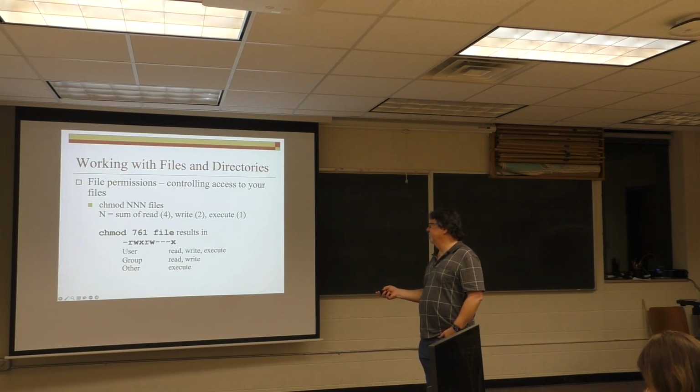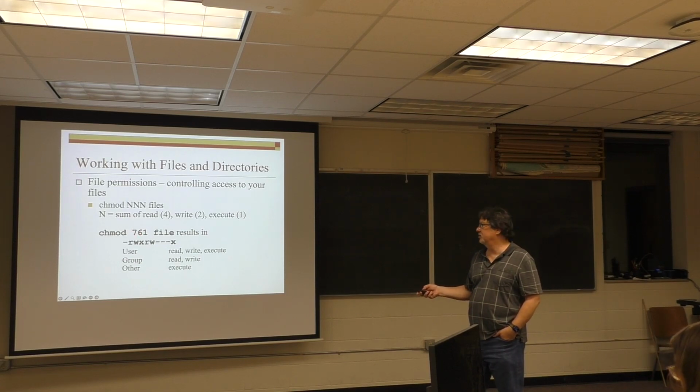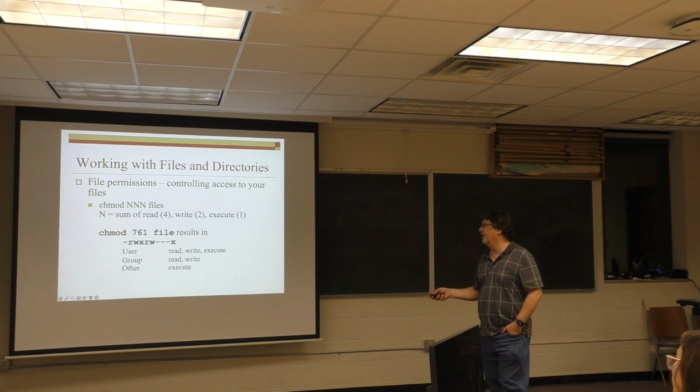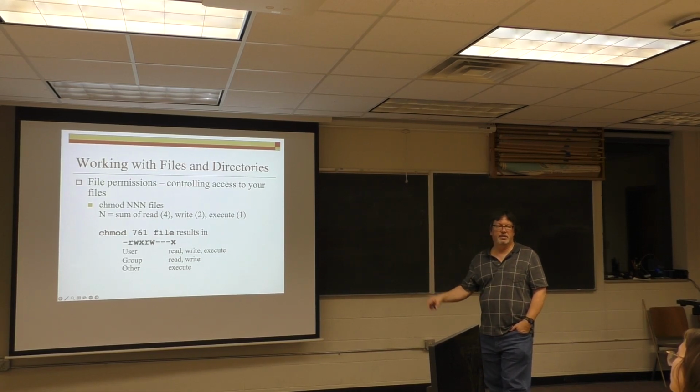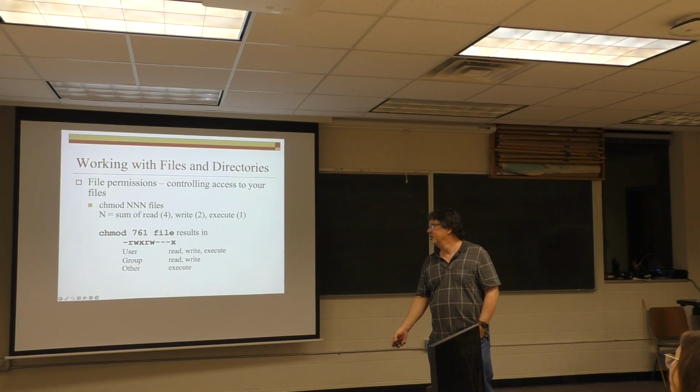So if I did chmod 761, the first digit is the permissions for the user, the second digit is for group, the third digit is for everybody else. 7 is the sum of 4 plus 2 plus 1, so I would end up with read, write, execute permission for the user. 6 is 4 plus 2, so you get read and write permission for the group. And 1 is just execute, so you have execute permission, but not read or write permission for everybody else. I don't know why you'd ever make a file with those permissions, but it's just an example.